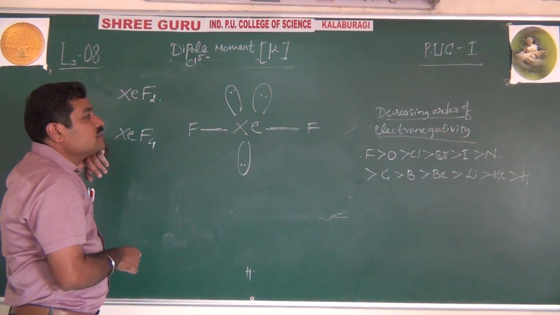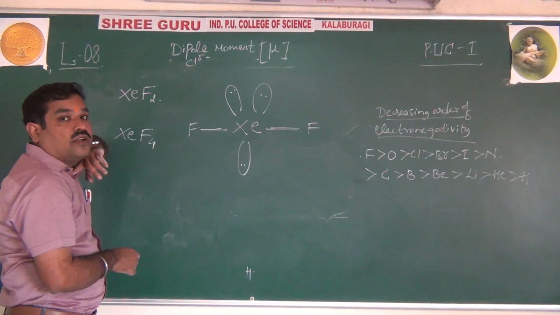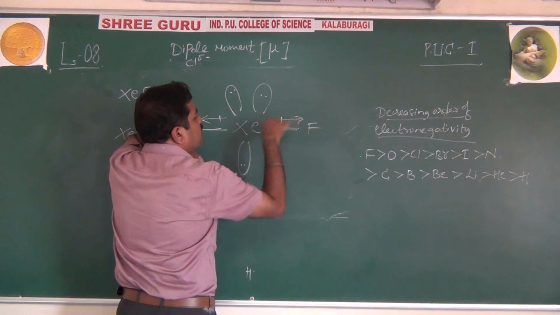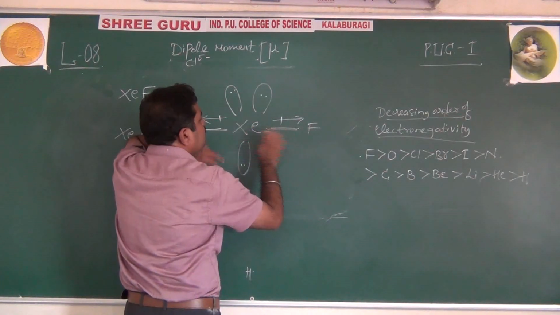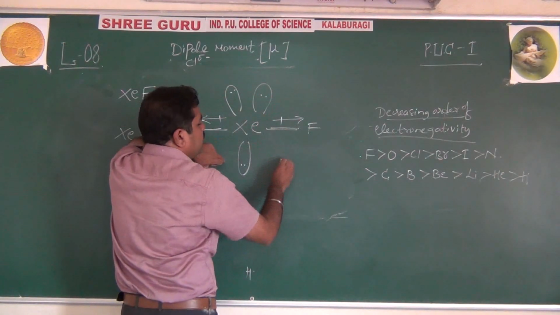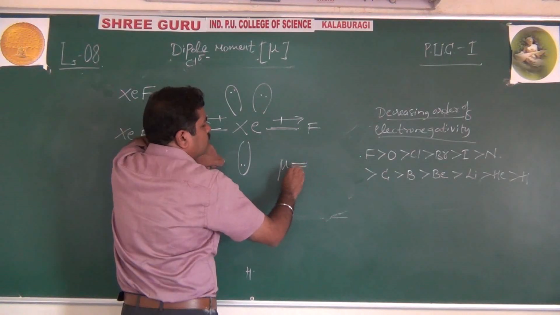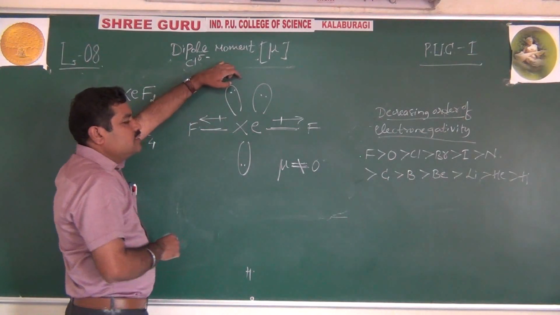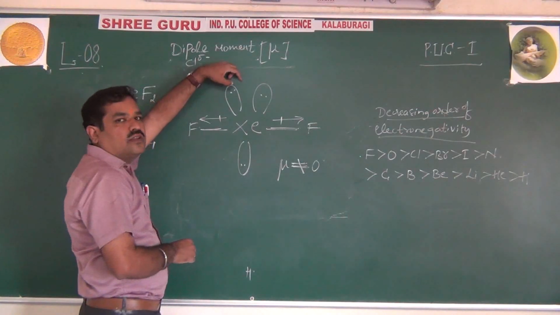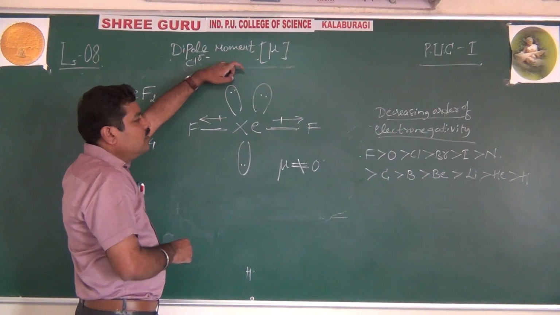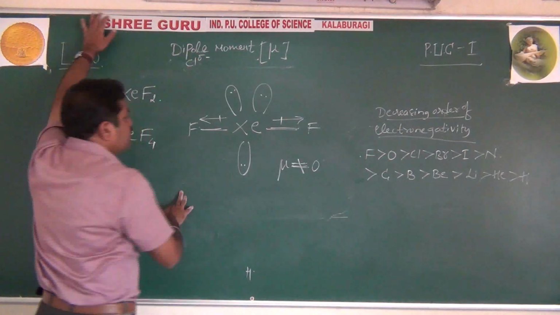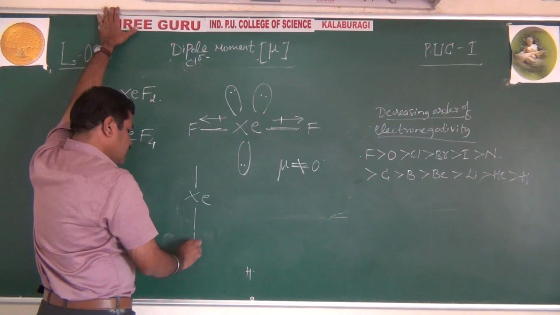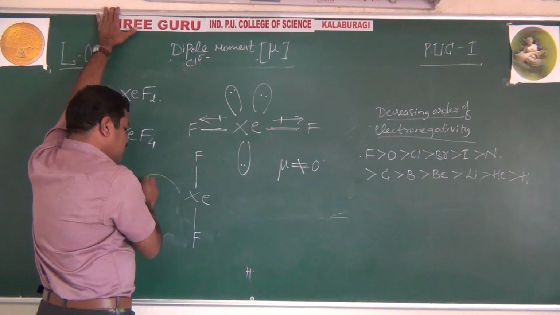Whether it is polar or non-polar, that's important. See, fluorine is more electronegative, therefore here the bond moments cancel, but what about the lone pairs? The mu value is 0, because the lone pair moments cancel, so this is non-polar. Or else it can also be written like this also. Fluorine, right?